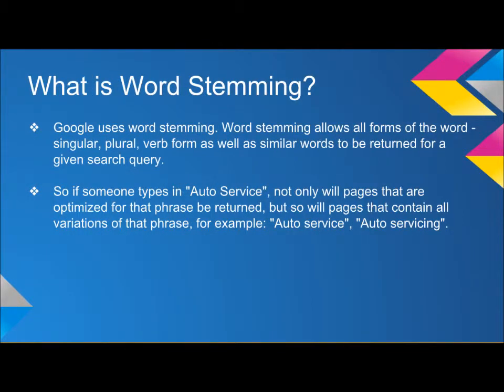What is word stemming? Google uses word stemming, which allows all forms of words, singular, plural, verb form, as well as similar words to be returned for a given query or search. For example, if someone types auto service, Google will not only search for the auto service keyword, but it will also search for auto servicing, auto services, or the verb form of it, and try to find all the related keywords.